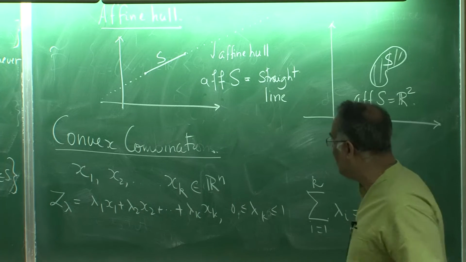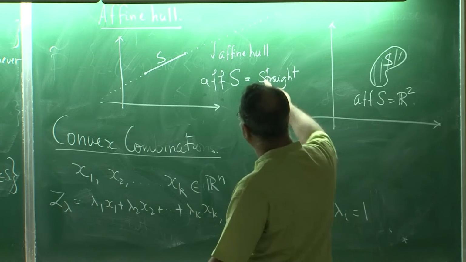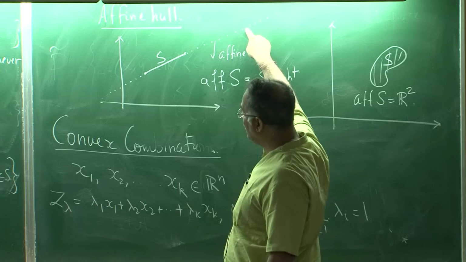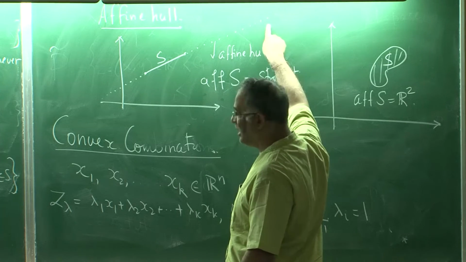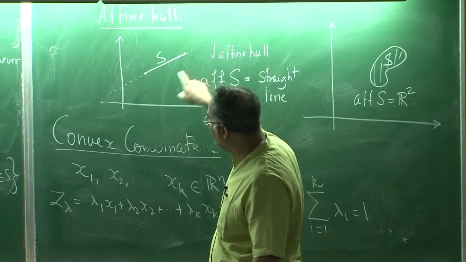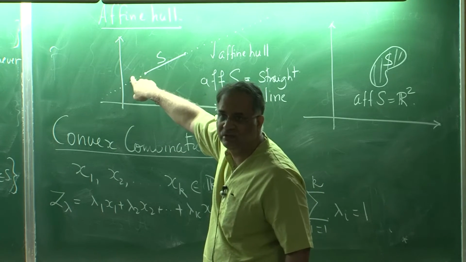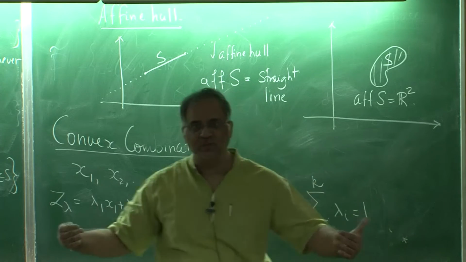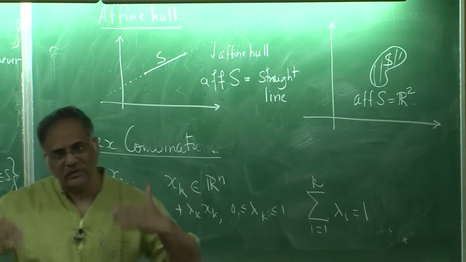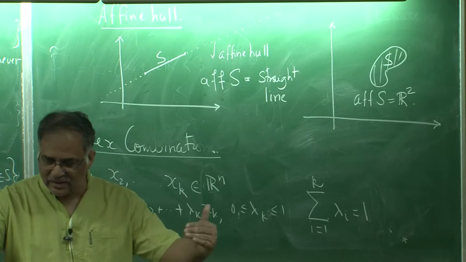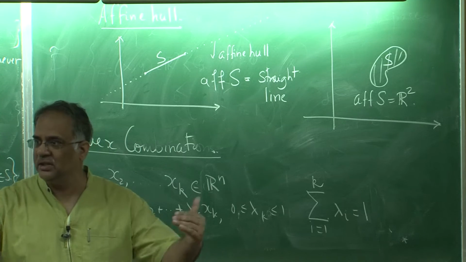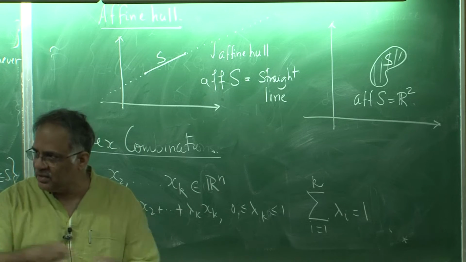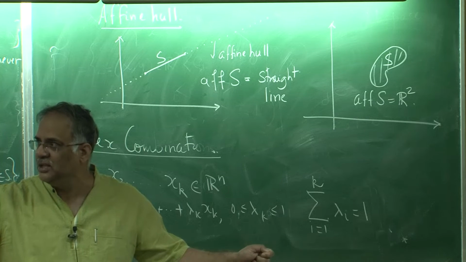But what is the dimension of the affine hull? The dimension of the affine hull, for example this straight line, is the dimension of the subspace whose translate is this affine hull. It is a translate of some subspace, and the subspace has a dimension. If you translate it, the dimension does not change. A straight line, if you translate, its one dimensional nature remains the same.